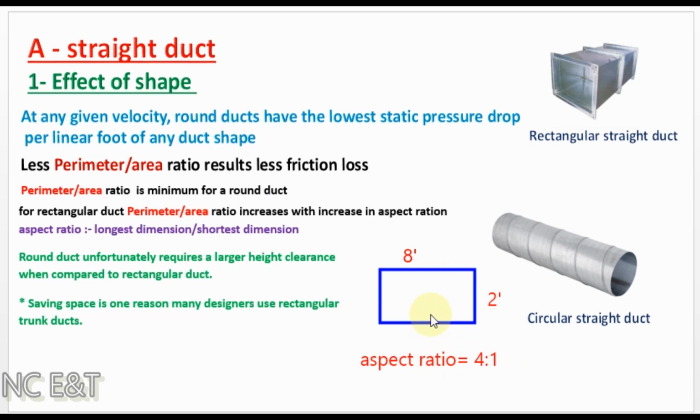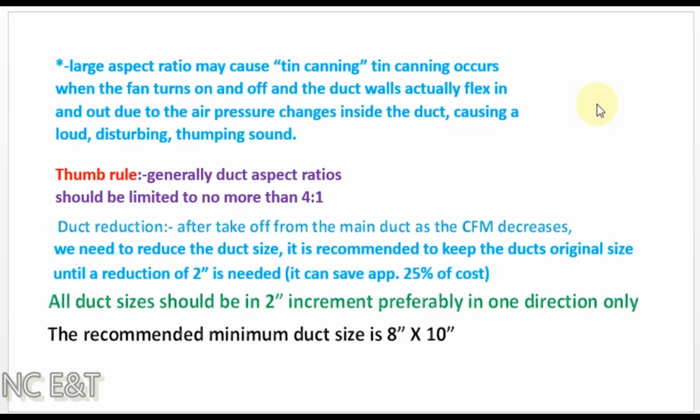As the aspect ratio of a duct increases, then the friction loss inside the duct also increases. Thumb rule for the aspect ratio: generally, duct aspect ratio should be limited to no more than 4:1.